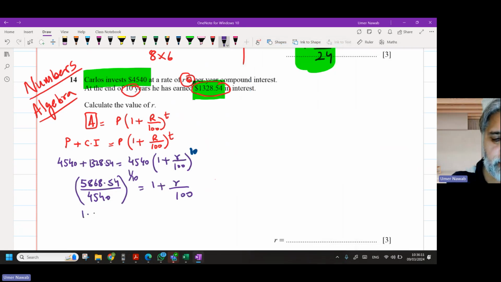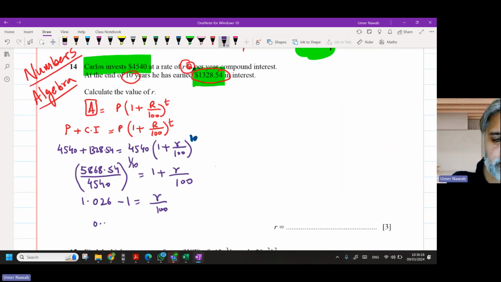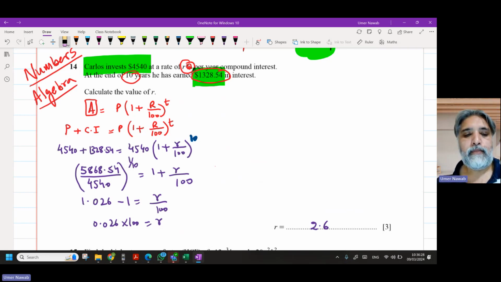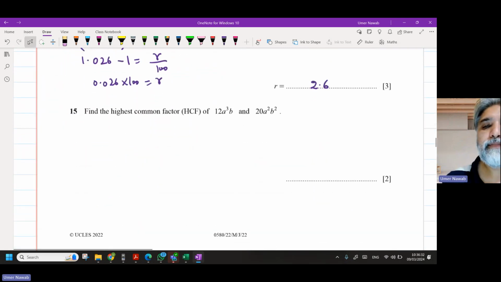So 1.026 minus 1 is equal to r over 100. So this will give you 0.026 times 100, and our final answer is 2.6. No need to write percent with it, just write 2.6. Clear, boys? That's all. Now we come to question number 15.